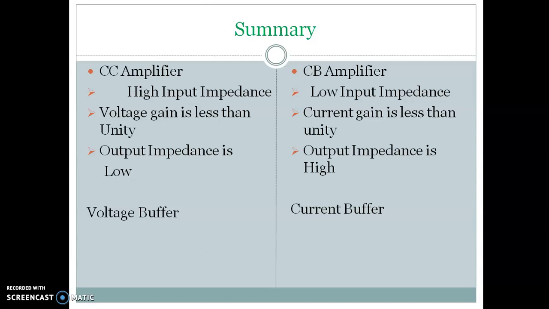The common emitter has all values moderate: input impedance, voltage gain, output impedance and current gain. So for most applications we prefer the common emitter amplifiers, and for other cases we use these buffers.